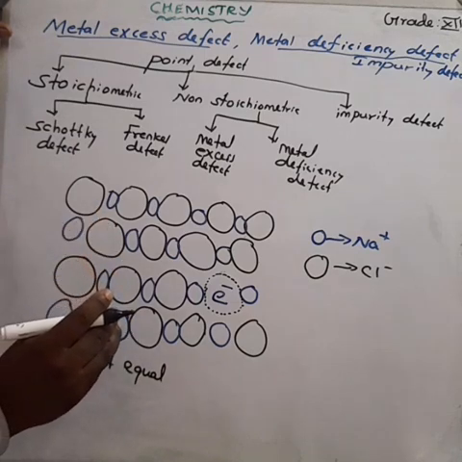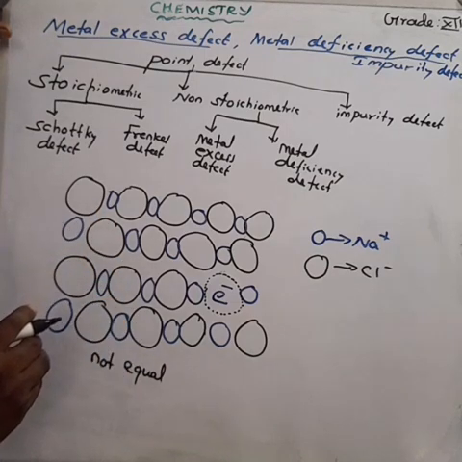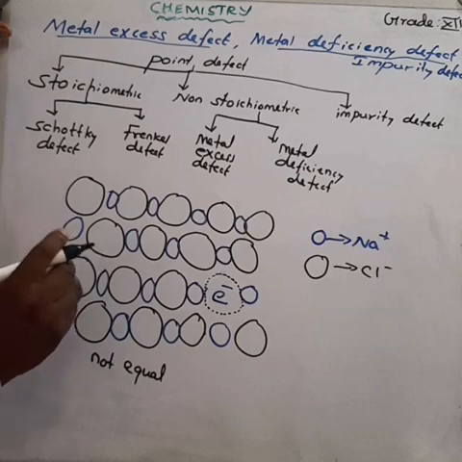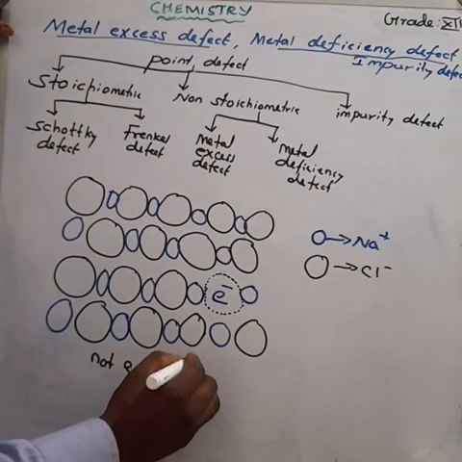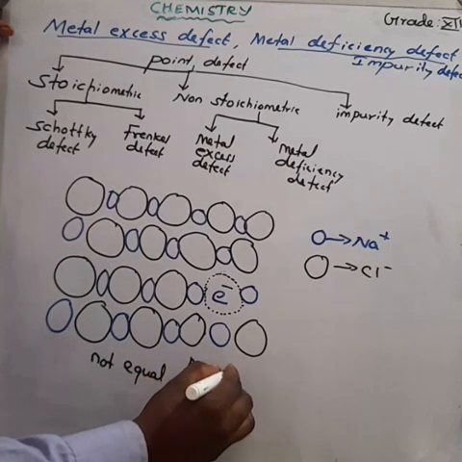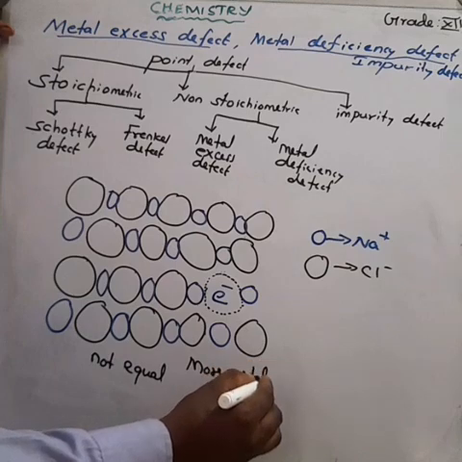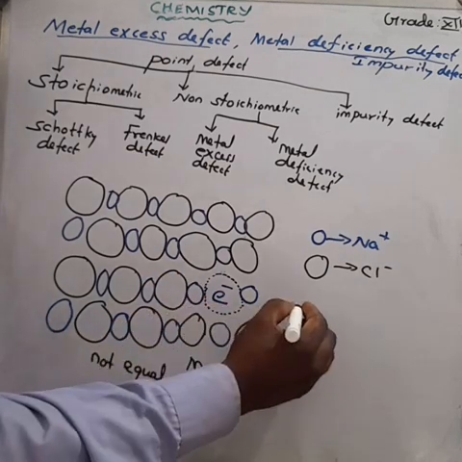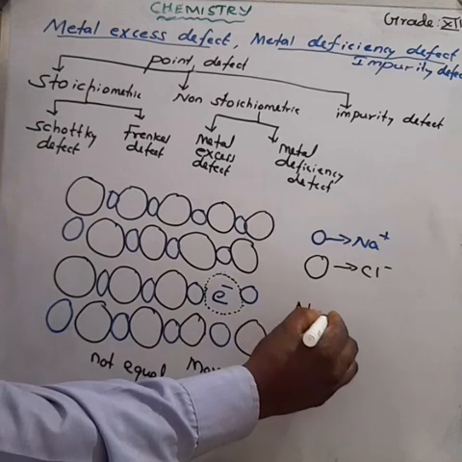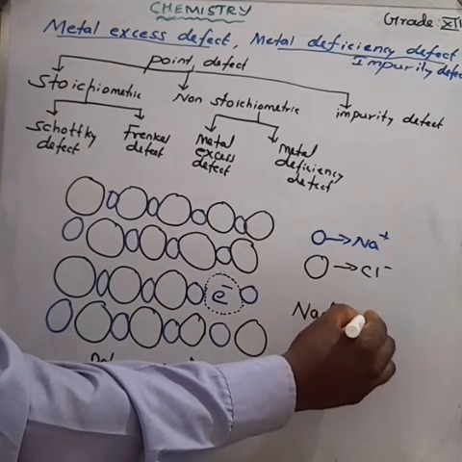How is it formed? Metal excess defect arises due to the presence of more metal ions as compared to anions. For example, alkali metal halides, that is sodium chloride, potassium chloride, lithium chloride, have this type of defect.